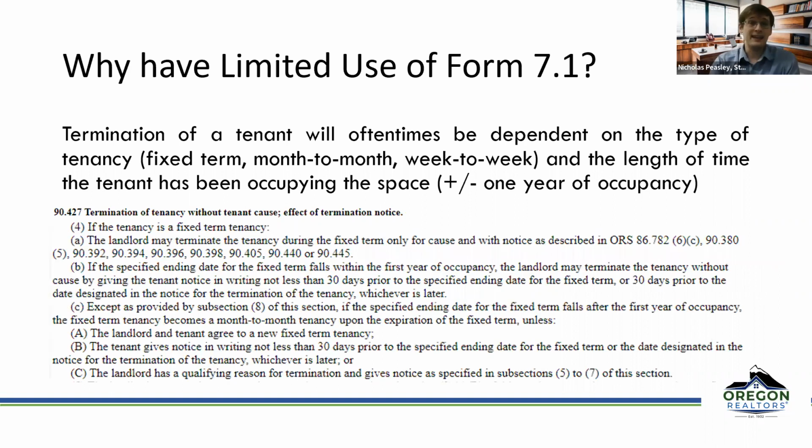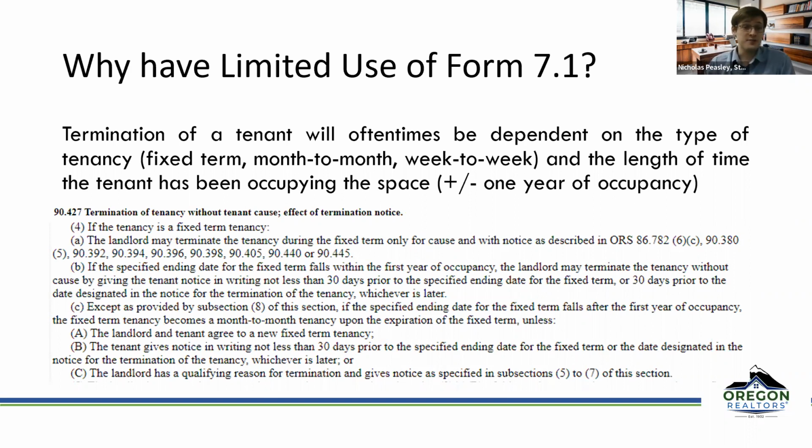Now it gets more complicated. If you have a fixed term tenancy, that's where you don't say you're renting the property from month to month. You just say you're renting the property until June 3rd, 2026, something like that. You fixed the term to a certain day and time. Very different rules apply. If you have a fixed term tenancy, the landlord can only terminate the tenancy during the fixed term for cause, which we don't have here.